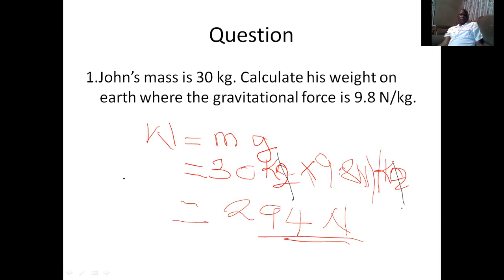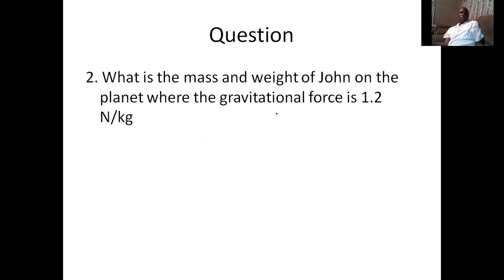And so we have noticed that this is the weight that we have calculated. So the second question reads as follows: what is the mass and the weight of John on the planet where the gravitational field strength is 1.2 newtons per kg?